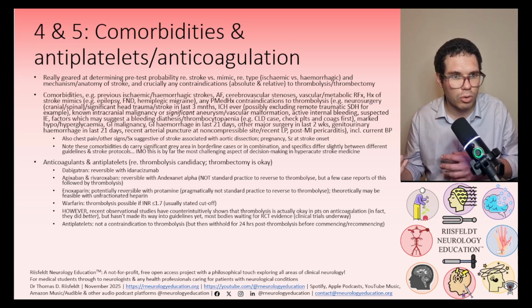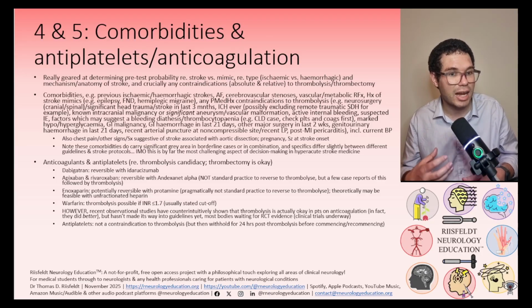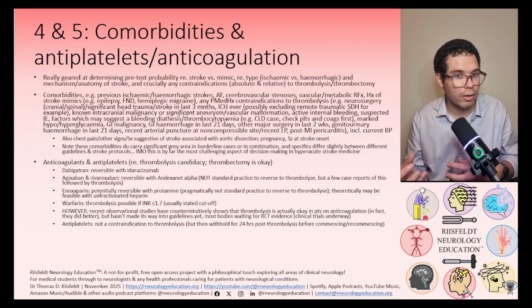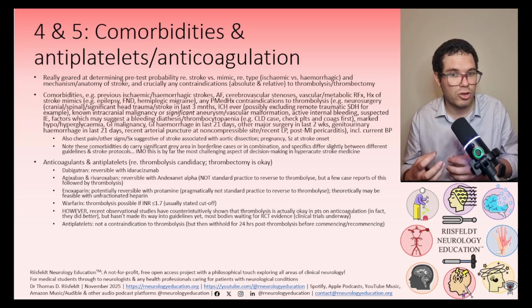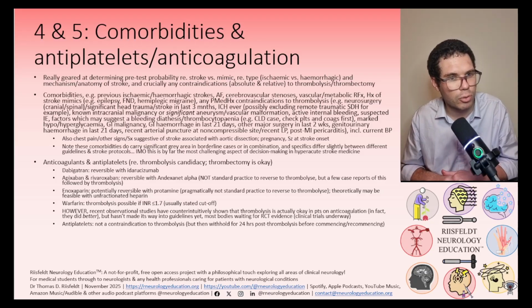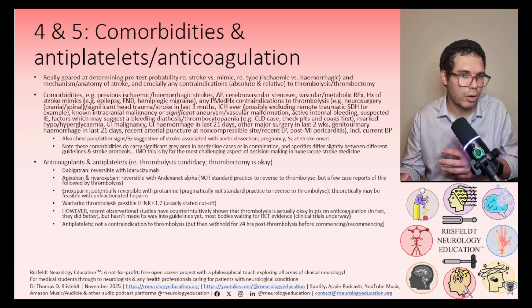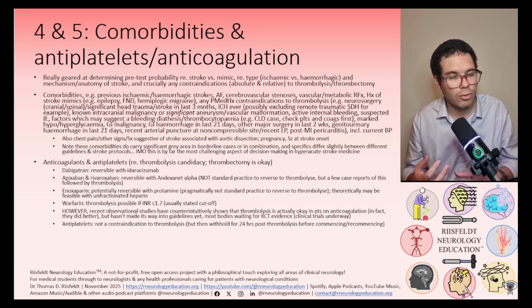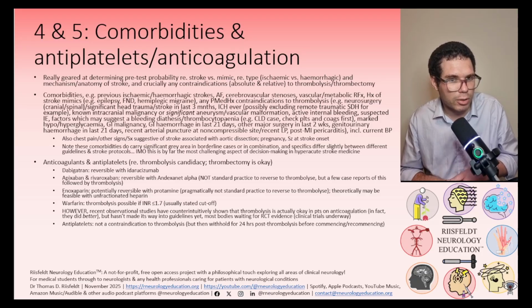So, for example, neurosurgery, whether that be cranial or spinal in the last 3 months, or significant head trauma or stroke of any variety in the last 3 months, an intracerebral hemorrhage ever, possibly excluding remote traumatic subdural hematomas, for example, any known intracranial malignancy, whether that be primary or secondary solid organ malignancies or hematological malignancies, any significant cerebral aneurysms.